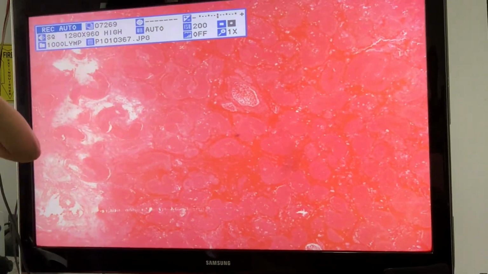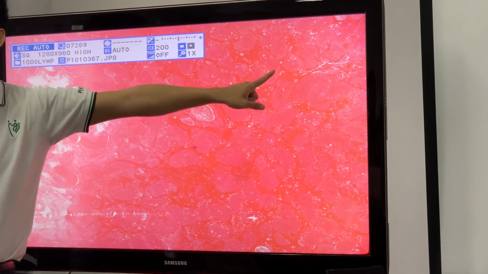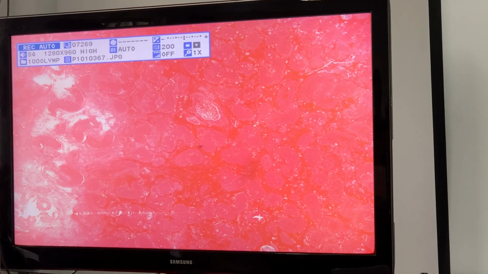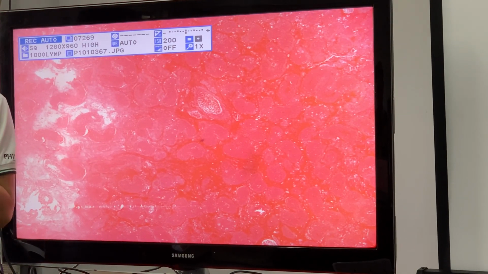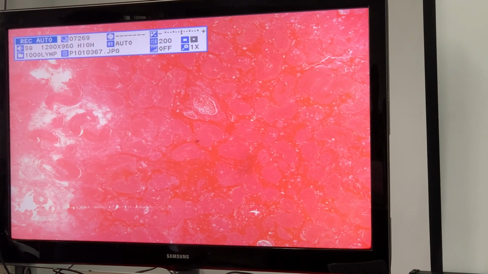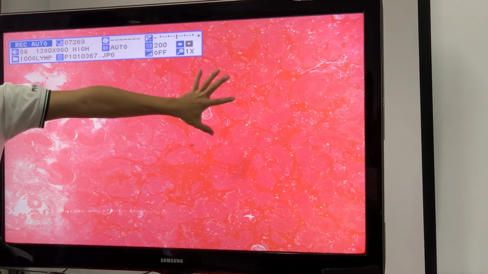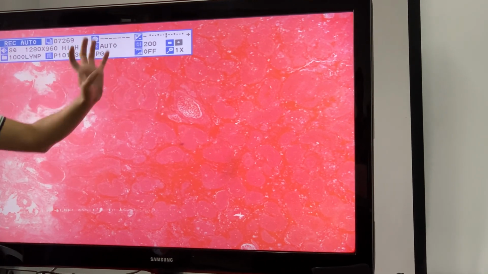Okay? So these tubules are your seminiferous tubules that would have the sperm cells. But in this case, this is a case of testicular torsion. The testis twisted, therefore cutting off the blood supply to the testis. So the cells here died due to poor blood flow.